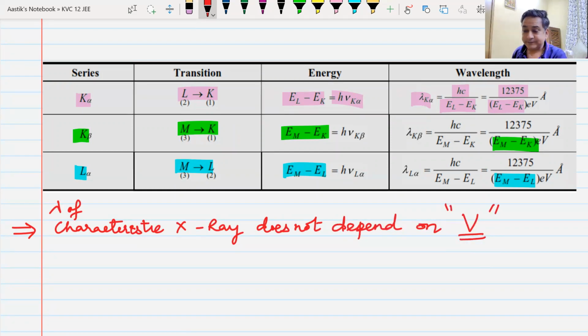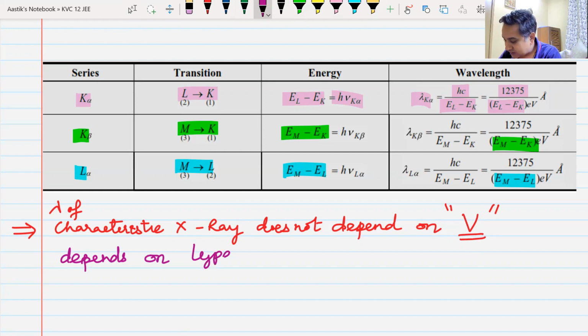Yes, sir. It depends on the type of metal, because it depends on the difference in energy levels, and the difference in energy levels will be different for different metals. Do we understand this? Yes, sir.